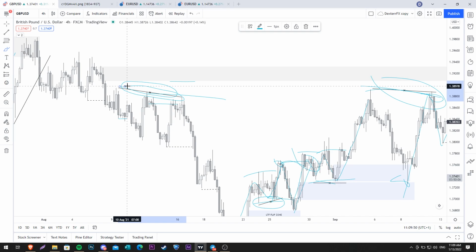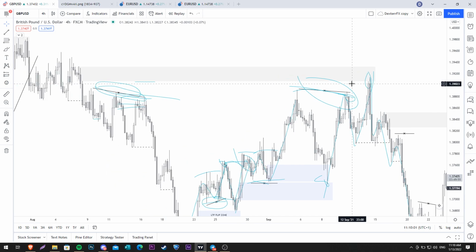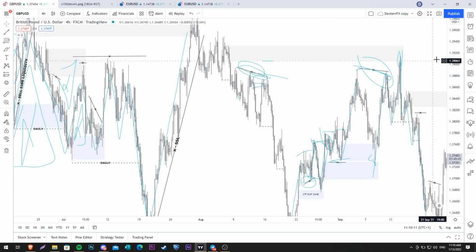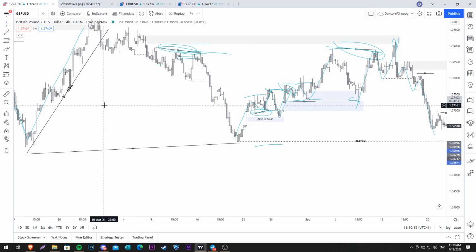For example, if I take a trade here, I know that my trade will not have as much probability as this one, for example. But it doesn't mean that I can't take this one. I can take this one if I have extra confidence and if I can see stuff to fill. So here, for example, we have all of this sell side liquidity to fill.